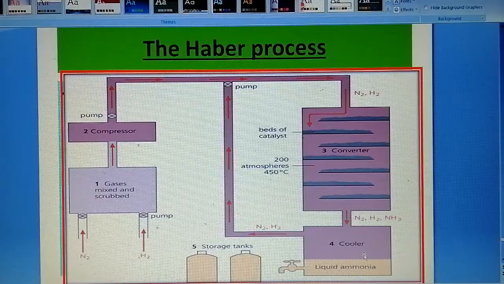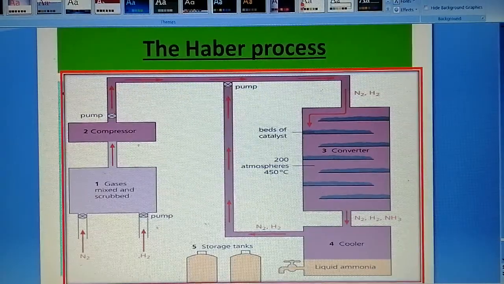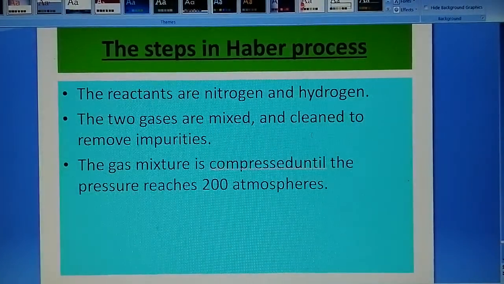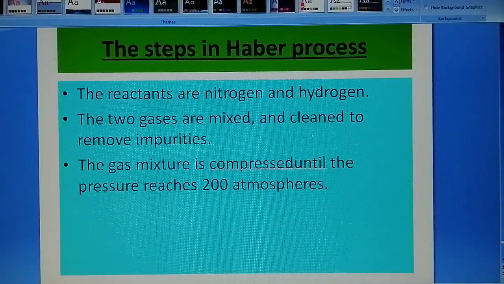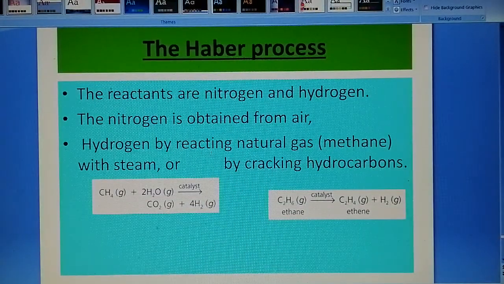Now we will see where we are getting the nitrogen and hydrogen from. The two reactants are nitrogen and hydrogen. Nitrogen we have studied in this chapter itself. Nitrogen is obtained from air by fractional distillation, where we separated nitrogen and oxygen.